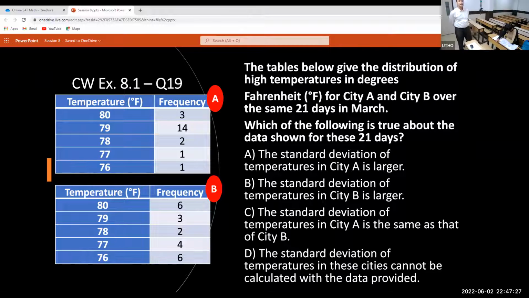Read A is city A and city B, the 2 tables. Question number 19 on your book. Yes. These 2.